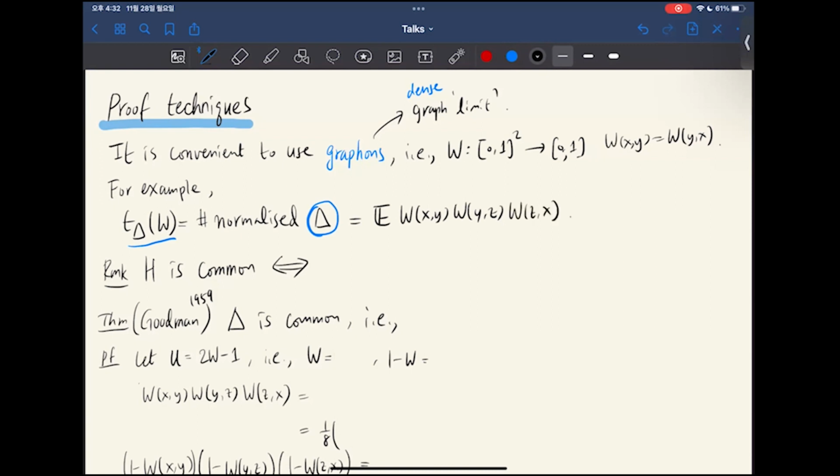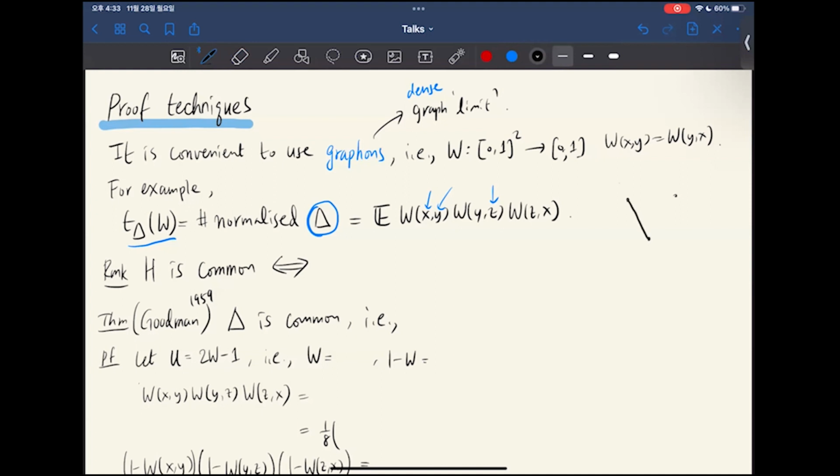So what does it mean? I sample each vertex x, y, and z independently at random from my vertex set, and I'm interested in their connectivity in this large graph, the graphon W.